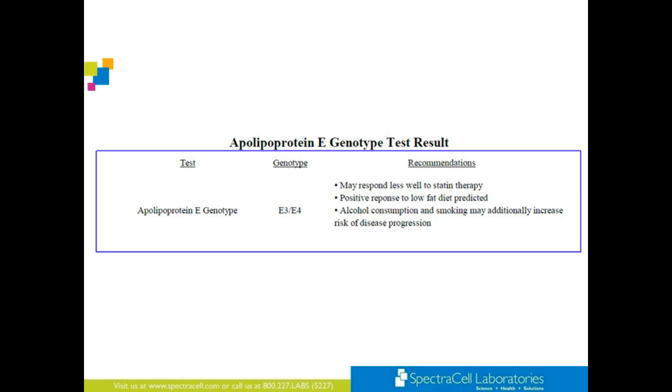But by performing this genetic test, we have a good idea, before we even start a person on a statin and/or red yeast rice, if they're going to respond well or not. If we don't think they're going to respond well, we don't put them on that medication or that herbal product. We may look into some other testing.